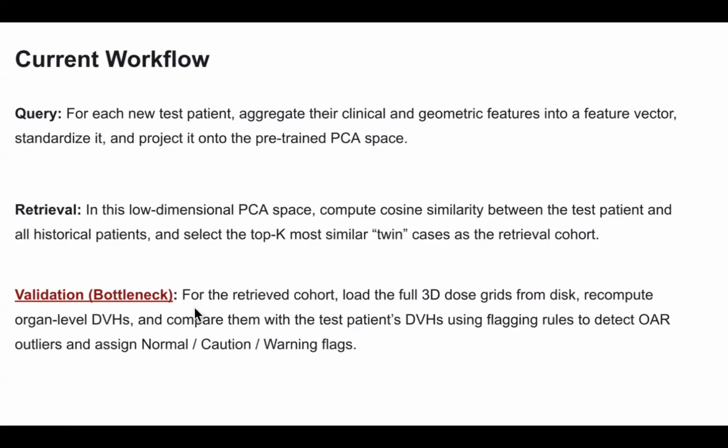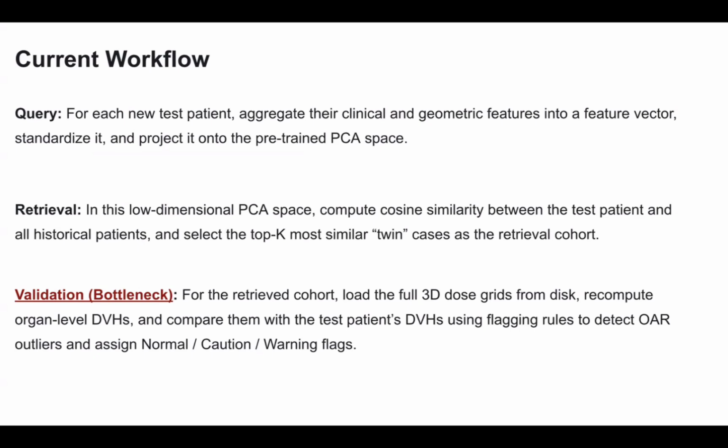So for each test patient, after we find its historical twins from the retrieval phase, we still have to load the full 3D dose and structural grids for each twin, recompute the organ-level DVHs, and compare them with the query patient's DVH to assign the normal, caution, or warning flags.